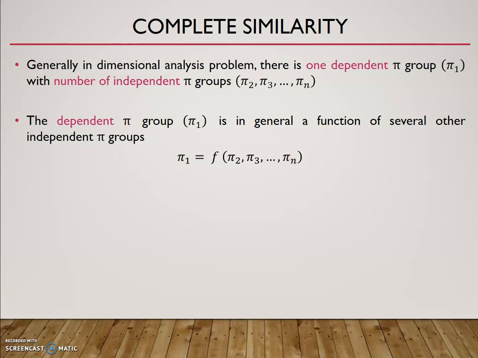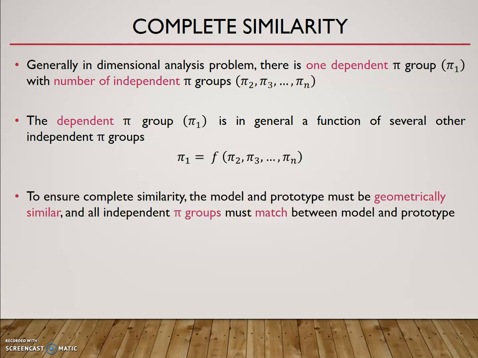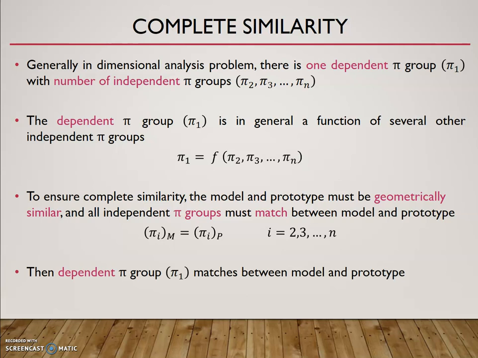Then to ensure complete similarity, the model and prototype must be geometrically similar and all independent pi groups must match between model and prototype, which means phi 2, phi 3, phi 4 and so on of the model have to be equal to the same pi groups of the prototype. By matching independent pi groups, we can calculate the parameters of the prototype according to the model behavior. Then we can move to the dependent pi group.